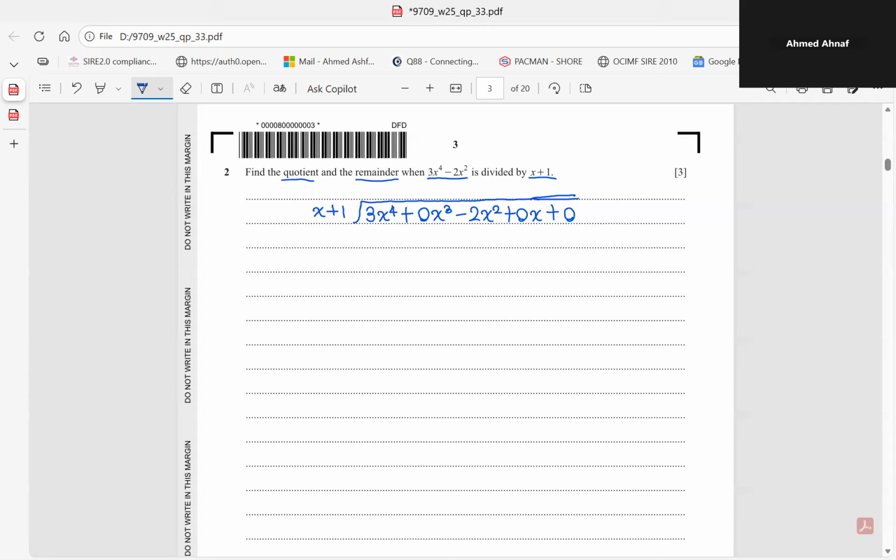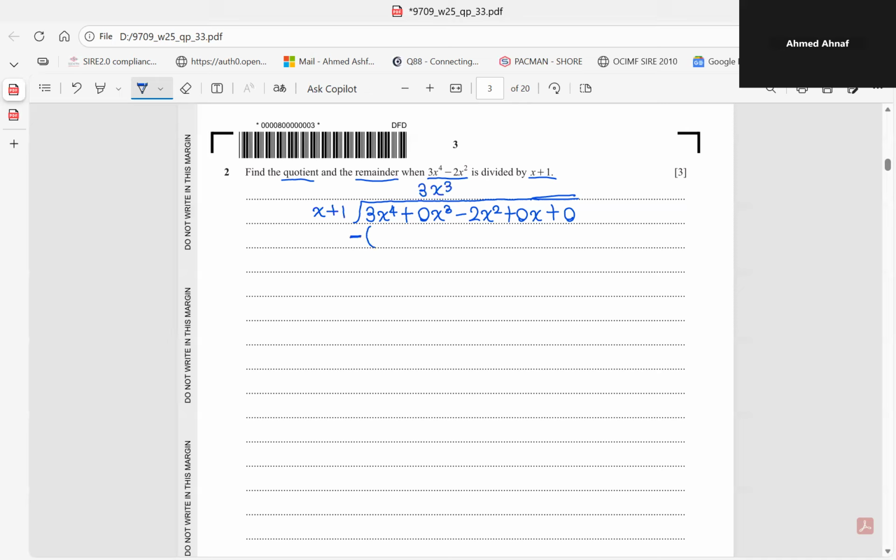To begin, we should multiply x plus 1 such that the first term becomes 3x to the power 4. So we can multiply x plus 1 by 3x cubed. So 3x cubed would go here, right above the x cubed term.